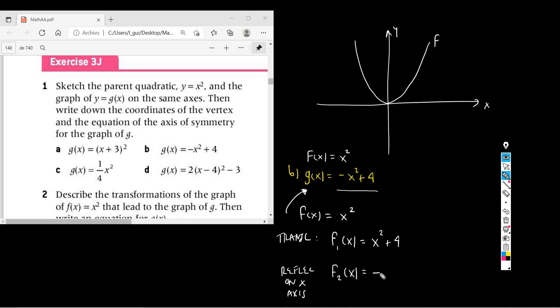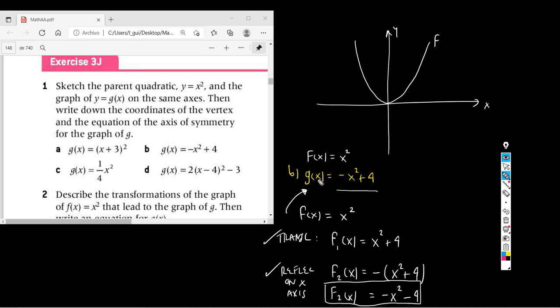So you're going to be multiplying all of this times -1, which is this. And in the end, you get this, minus x squared minus 4. You see? So the end result of first applying the translation and second applying the reflection is this, guys. This is the end result. Minus x squared minus 4, which is not the same as g.